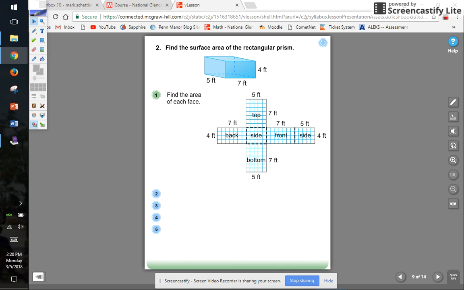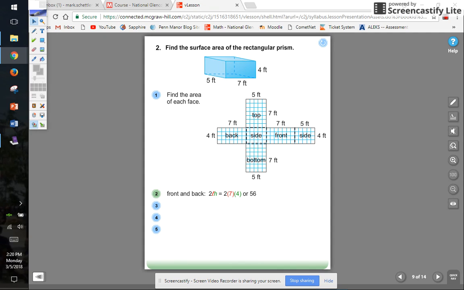We've taken this rectangular prism and made it into, down here, this shape, which is called a net. All I have to do is break all of the different pieces into square feet. In this case, we got sides, front, and back. Let's do the front and back first.